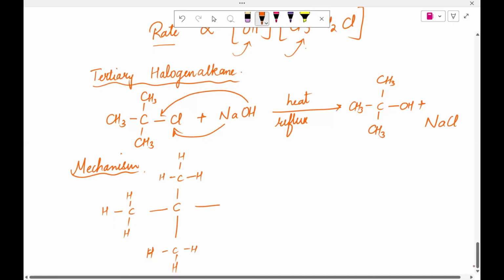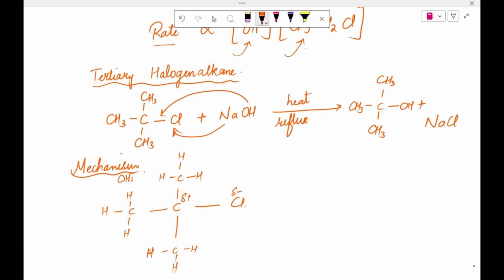And this is basically having a partial positive charge and a partial negative charge. This is the OH ion. And what happens, as we know, it is a bigger molecule. So OH does not have enough space to attack this electrophile.